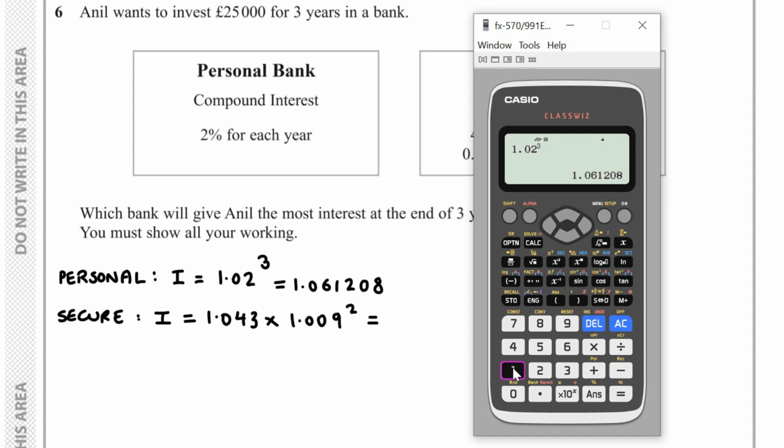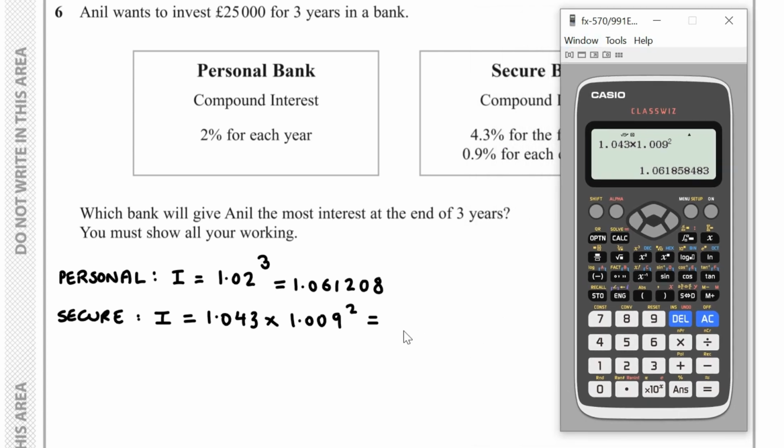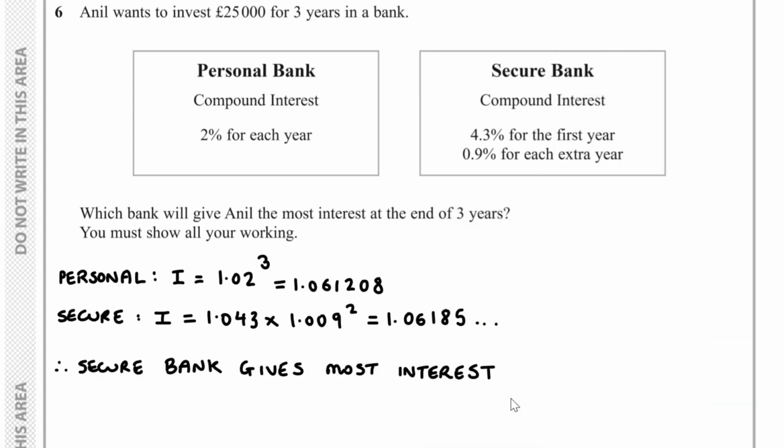So if we work this out, 1.043 times by 1.009 squared, it turns out here we get 1.06185, etc. So therefore, what you can hopefully see is that the secure bank gives the most interest.